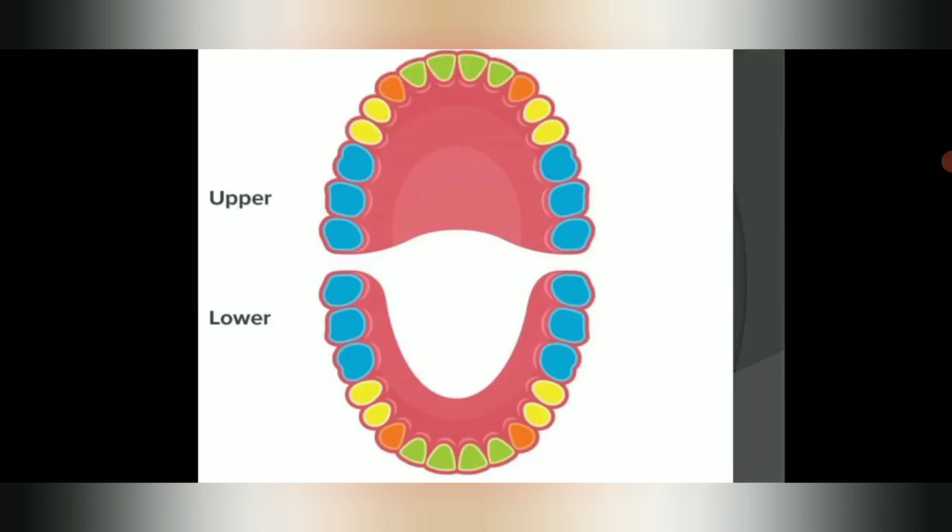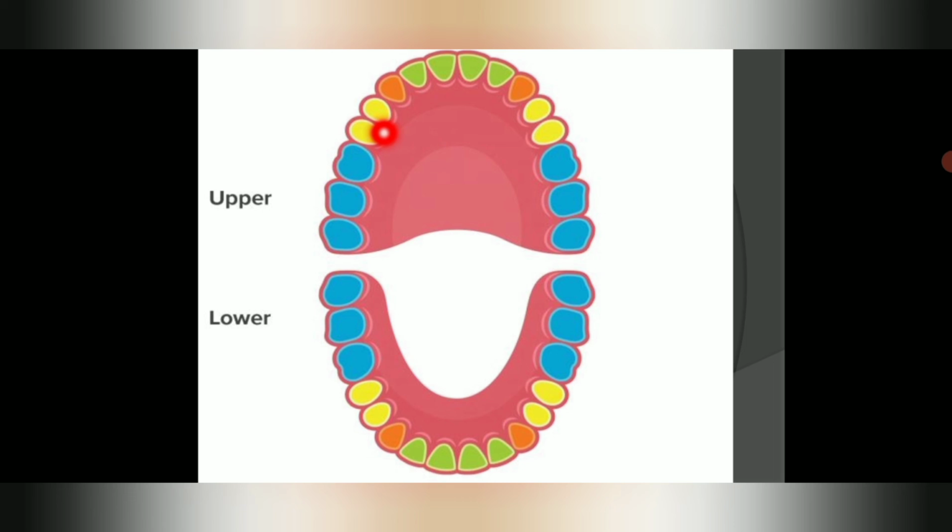In this picture you can see a different color is given to each type of teeth, right? Can you name them? The green colored teeth, these 4 teeth, what do you call them? They are incisors, right? And the orange teeth, they are canines, right?